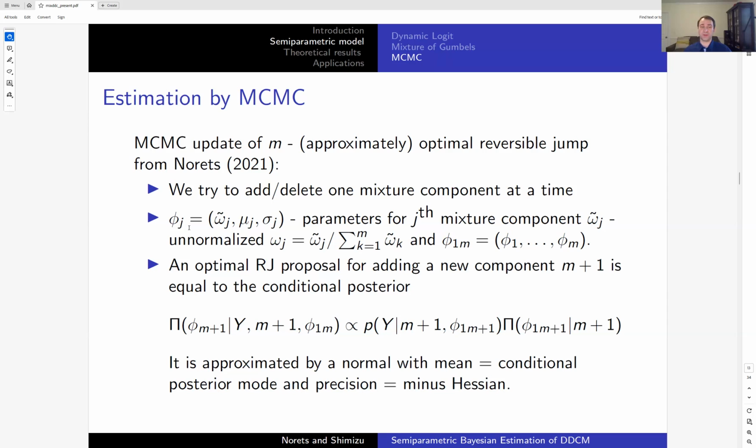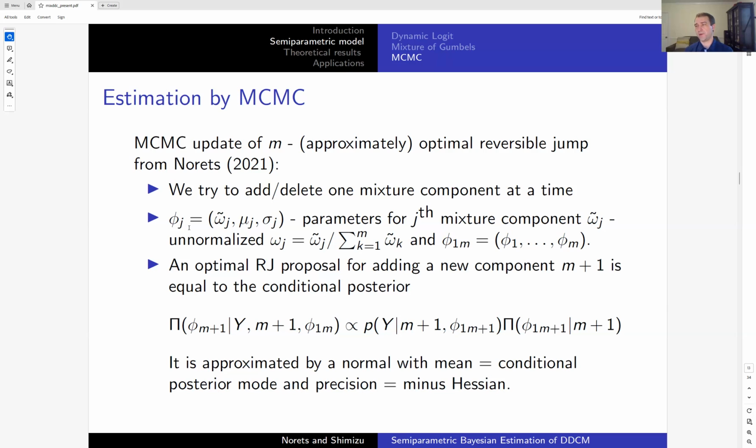Actually, to compute the Metropolis-Hastings acceptance probability for the reversible jump, we need the normalization constant. That's why we use an approximation to this conditional posterior for component m+1, computing the posterior mode using Newton's method. Again, everything is differentiable here.